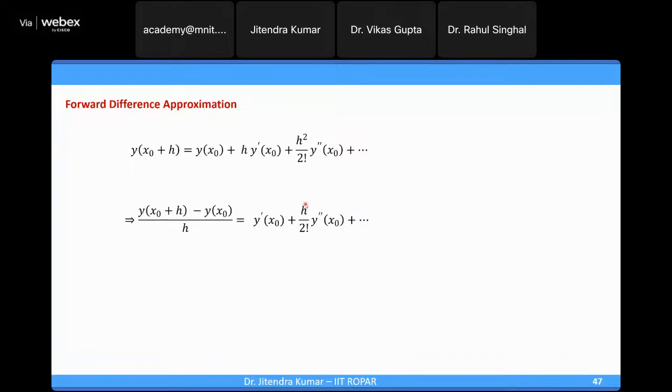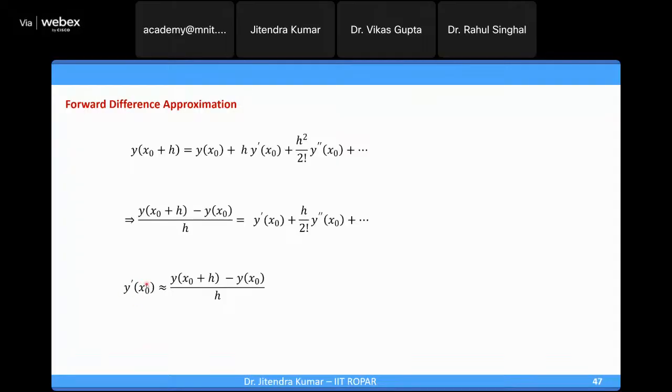So if we leave this error part aside, and consider h by 2 y double prime as the error, then we can say that y prime can be approximated by the difference y(x0 + h) minus y(x0) divided by h. This is precisely the first formula to approximate the derivative.